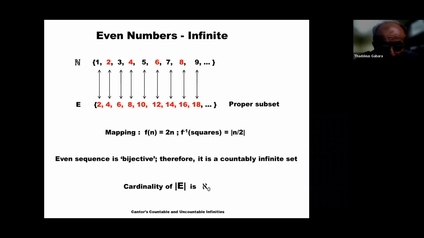And once we have that list of E, we can do the comparison with the natural cardinal numbers, and we find that it has the property of being bijective. And that, therefore, the even numbers are a countably infinite set. And the cardinality or size of the even numbers is, again, Aleph null. The same thing would happen with the odd numbers.